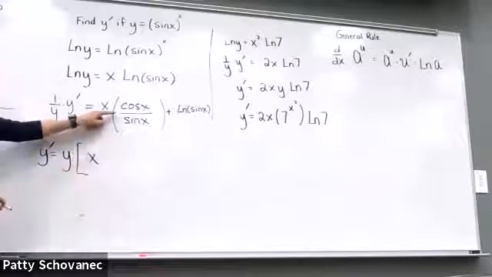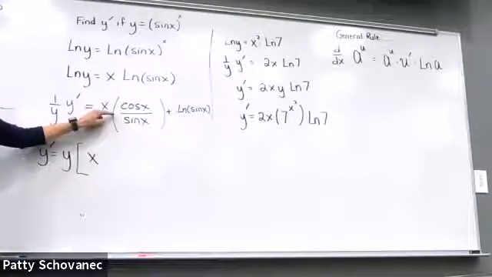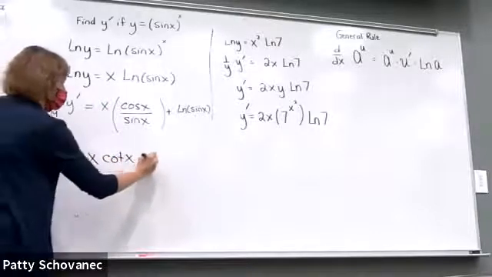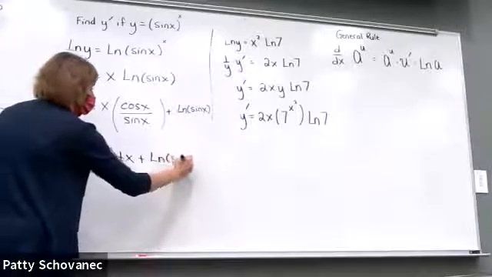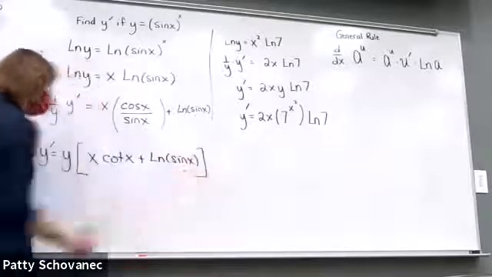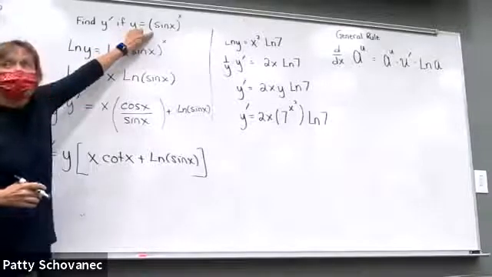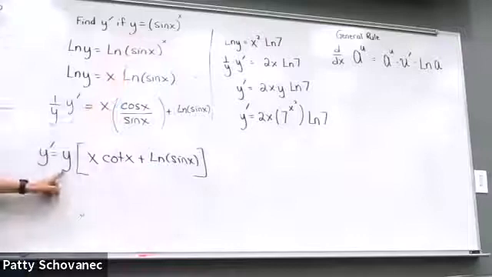If you want, we have a trig function that's cosine over sine. Which one is that? Cotangent. And so we can leave it there, or we can do what we did before, where this y is, we can put the sine of x to the x. Okay?